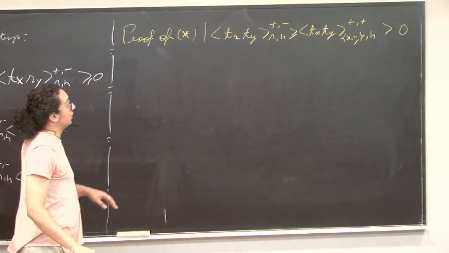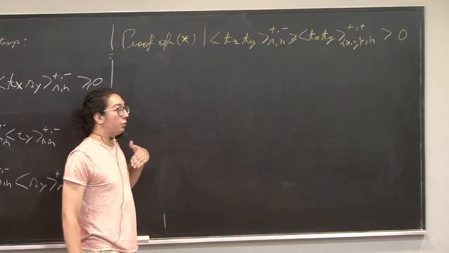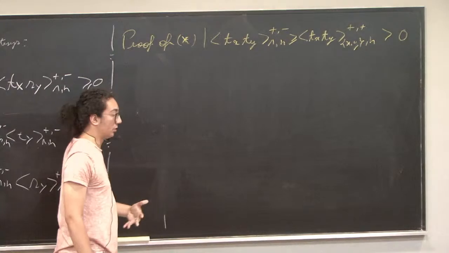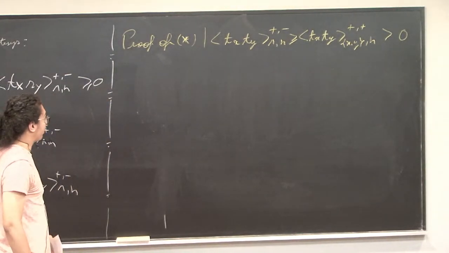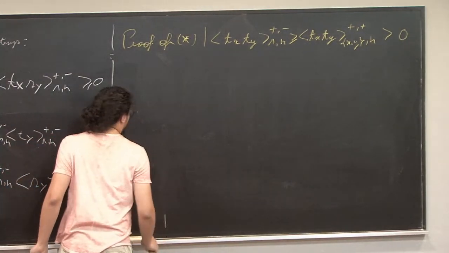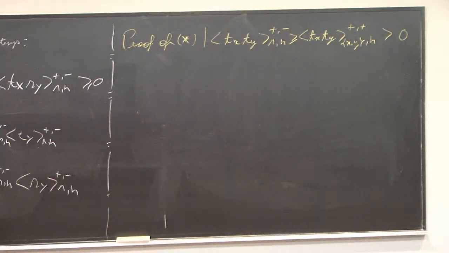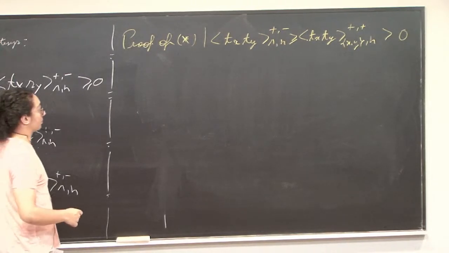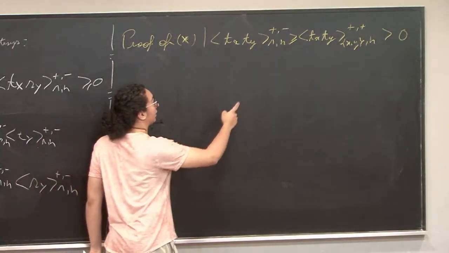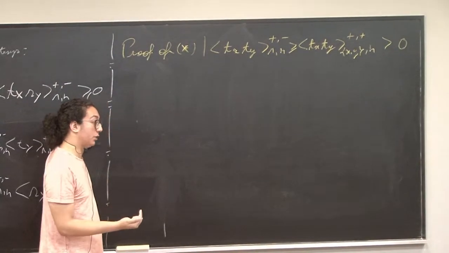First, to get a lower bound on this, we're going to see that it is actually decreasing in the external field. So we're going to differentiate this thing with respect to one external field on one side, any side.